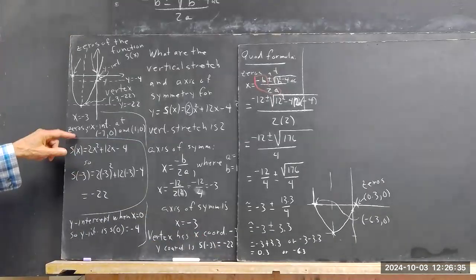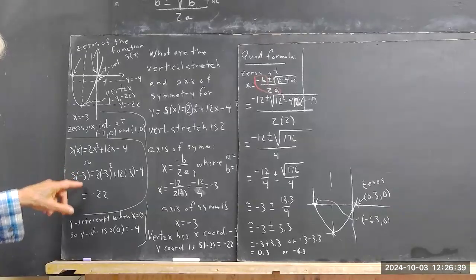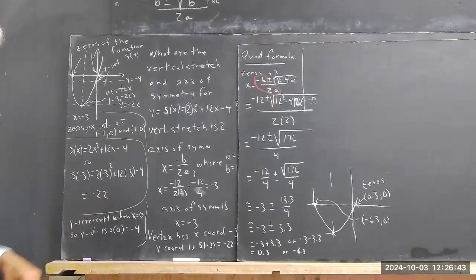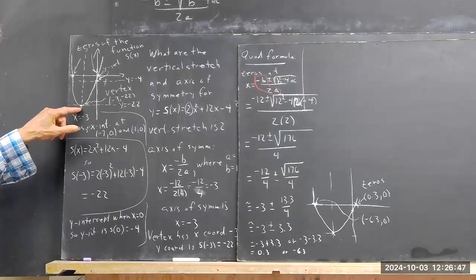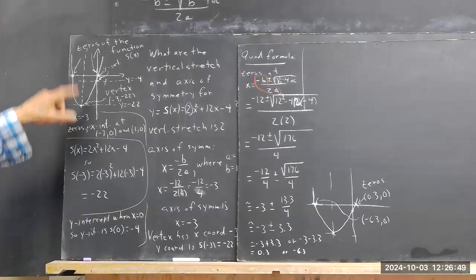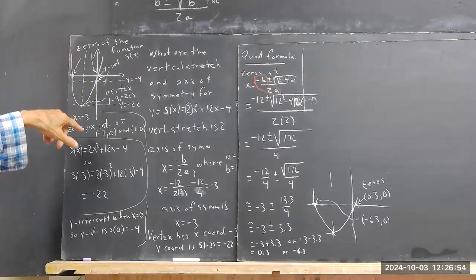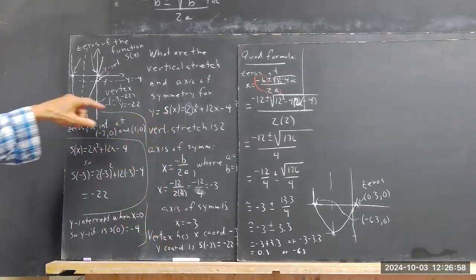Right here is the calculation. We just do s of -3, meaning we plug -3 in for x, get these numbers, and they come out like this. That gives us the y coordinate of the vertex, because the vertex lies on the axis of symmetry. When x is -3, y is equal to -22.